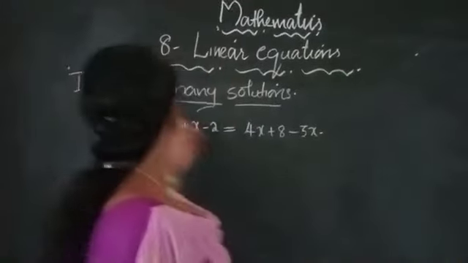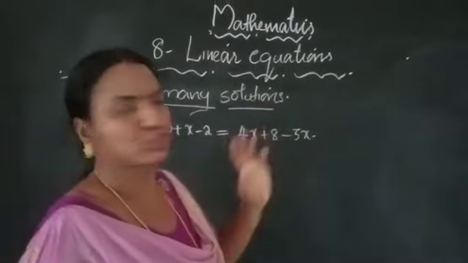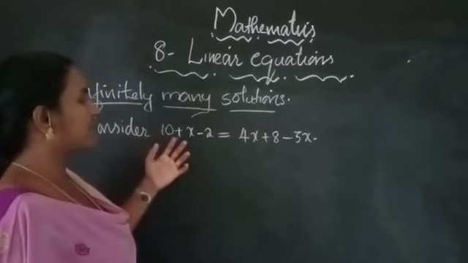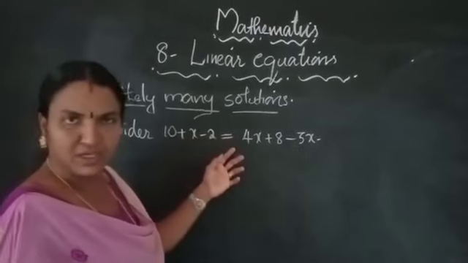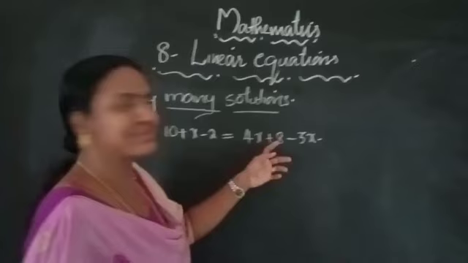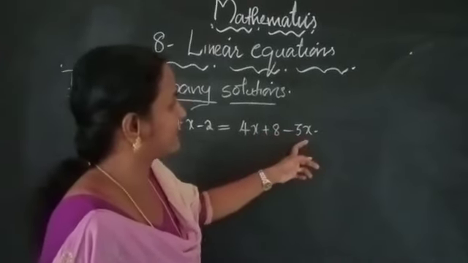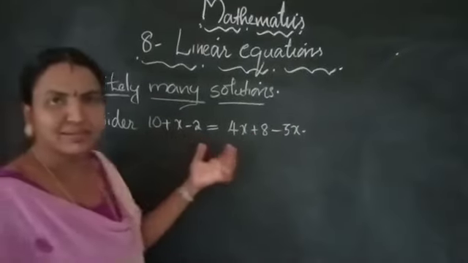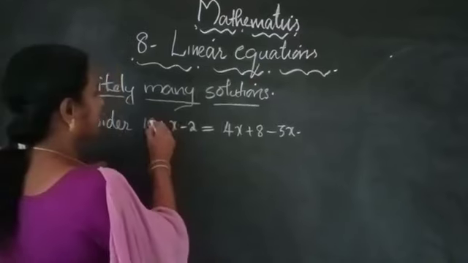Next we shall discuss infinitely many solutions. Consider 10 plus x minus 2 is equal to 4x plus 8 minus 3x. Simplify the terms on both sides.